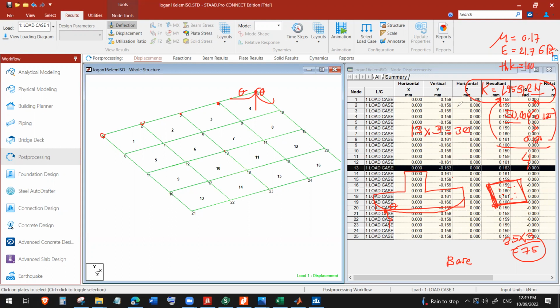So the vertical displacement corresponds to 37. Base pressure should be less than the allowable SPC. So that's the general rule in terms of design.